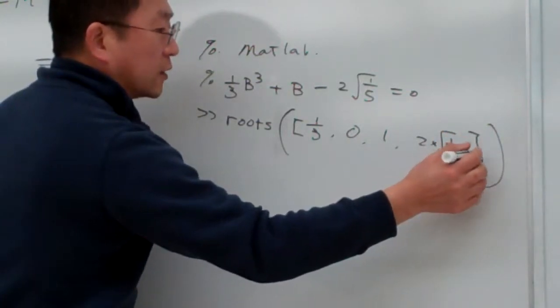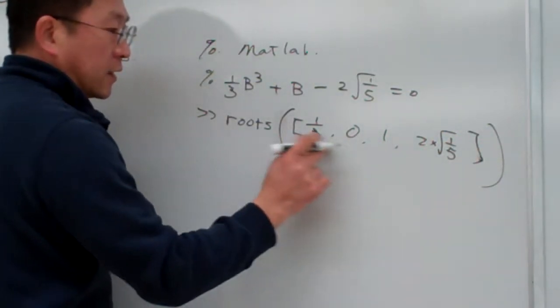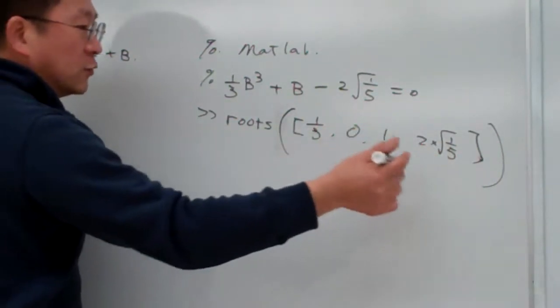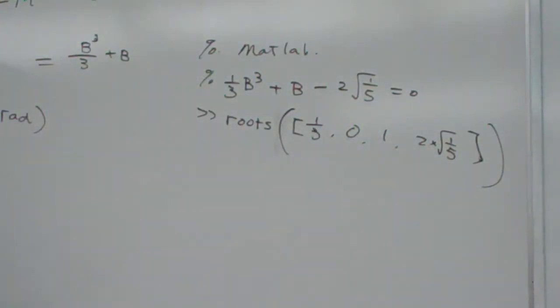You put this in an array inside the angle brackets, and MATLAB will give you the numbers as well. Otherwise we can calculate using the formula, which I think is available on our handouts here.